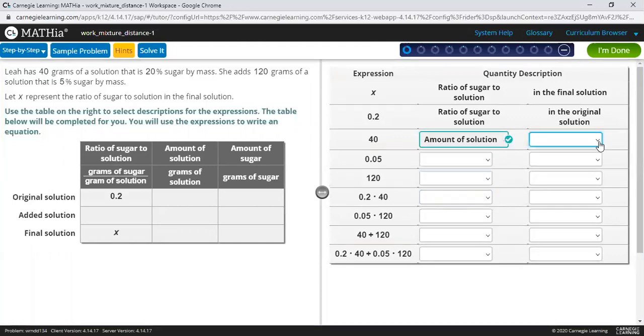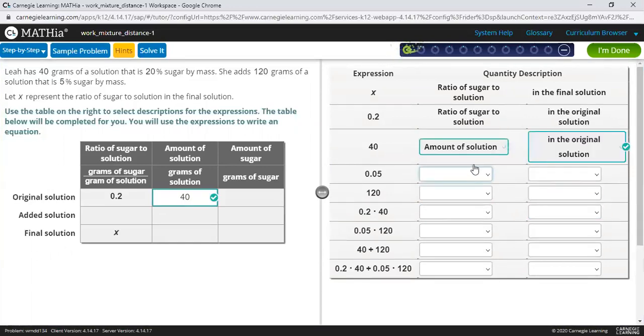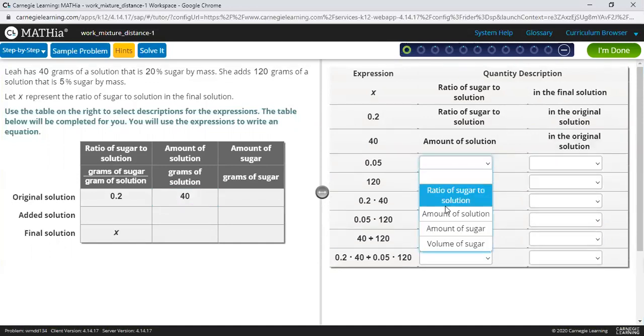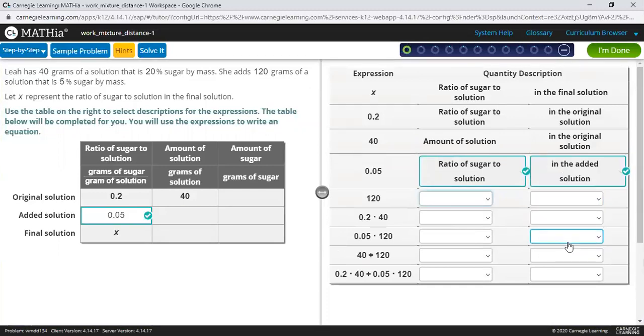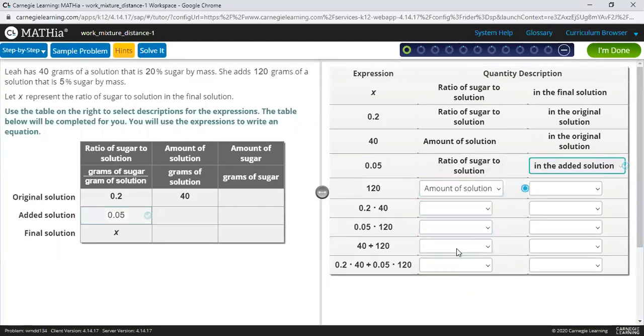Actually, you know what, it's the amount they call it. We'll get to volume in a minute. Then the 5% sugar by mass is the ratio of sugar to solution in the added solution, and the 120 is the amount of solution that she's adding.